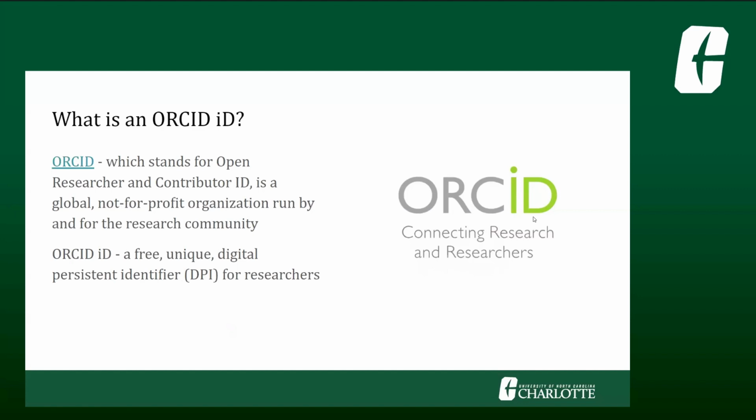All right, let's begin by going over what an ORCID ID is. The technical term for the ID is a unique digital persistent identifier. I think a good analogy for persistent identifiers would be something like the ISBN that you see listed on books, or the Social Security number that's given to any resident of the United States.